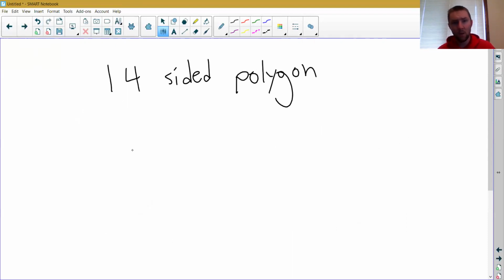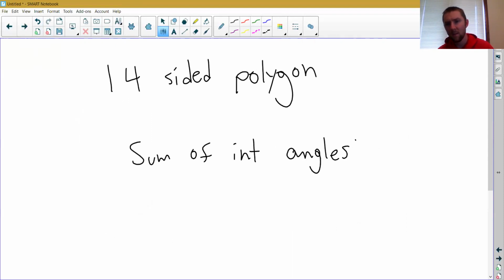If I wanted to know what is the sum of the interior angles, it would be n minus 2, but remember, n is the number of sides, and I just told you this is a 14-sided shape, times 180, okay?